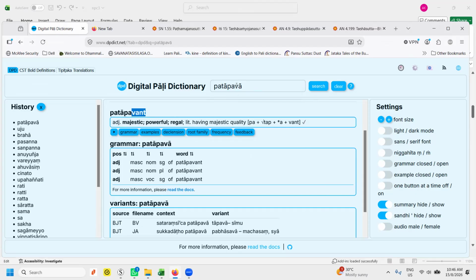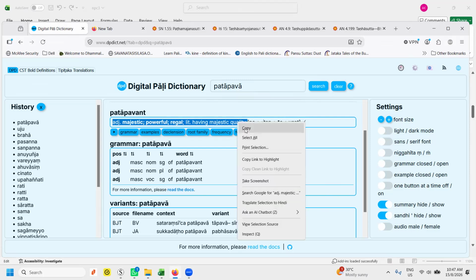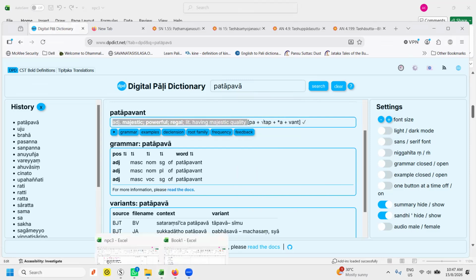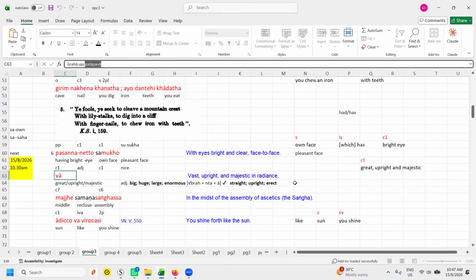So this one is already declined. If you take this, it means pata pawan, ANT. VANT is added because the word is patapa, VAN is added. So I copy this first, otherwise I have to explain to you. Copy. So that means we have.